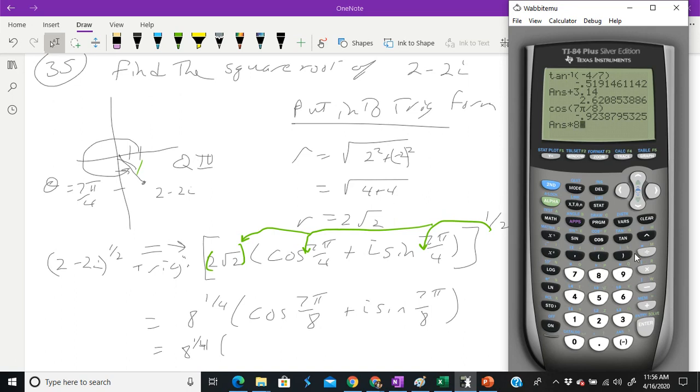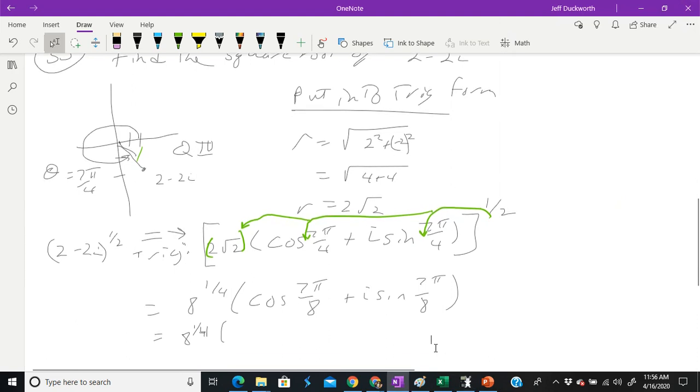So we're going to multiply that by 8 to the 0.25 power, so 0.25 is the exponent. And I get negative 1.554. So let's write that in before we forget. So this equals negative 1.554. That's what the fourth root of 8 times cosine of 7 pi by 8 is.